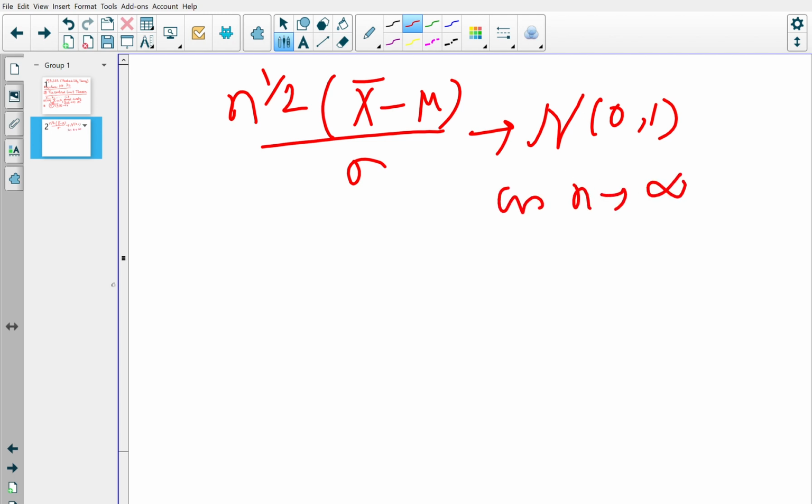What does that mean? It means that this quantity, as a distribution, is the same as a standard normal distribution. Okay, so I will write down this statement mathematically.